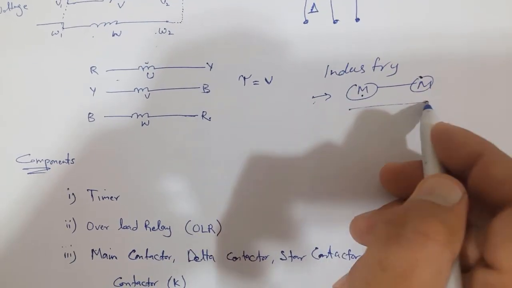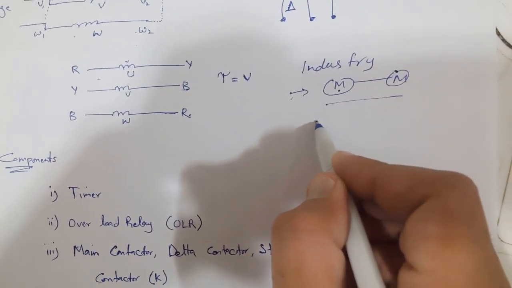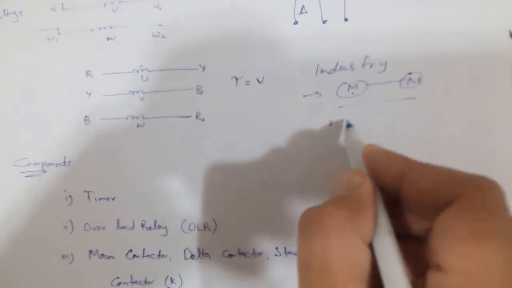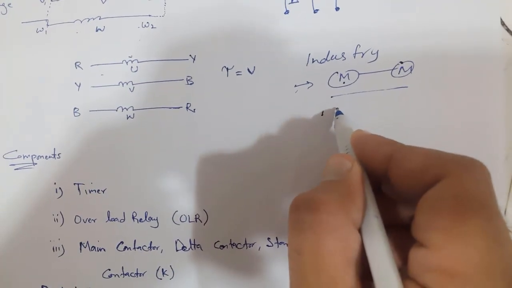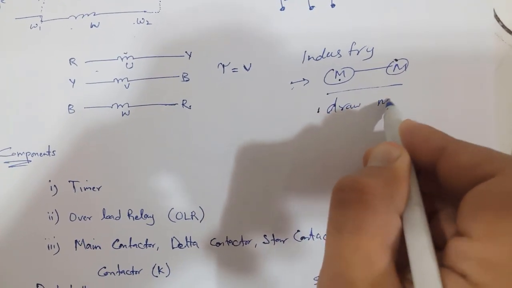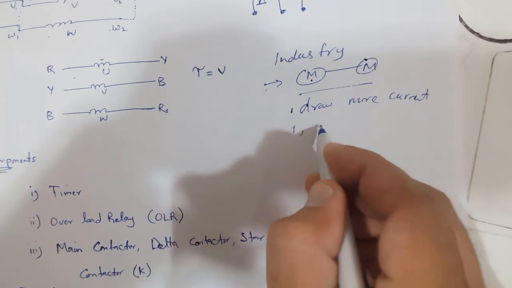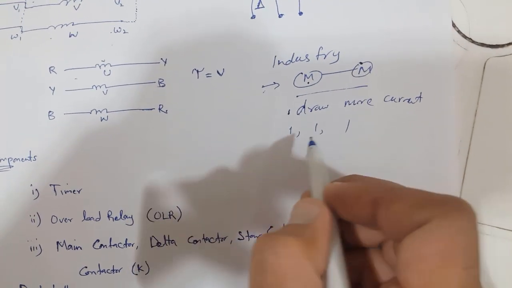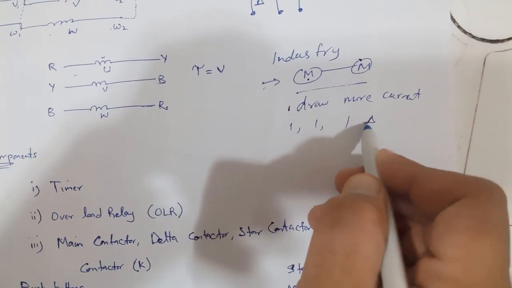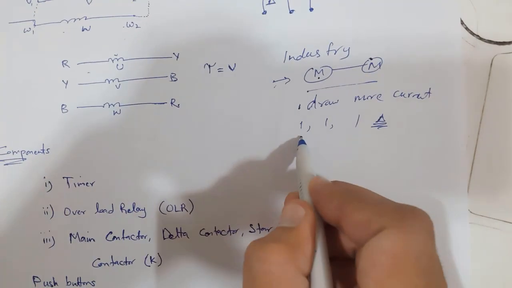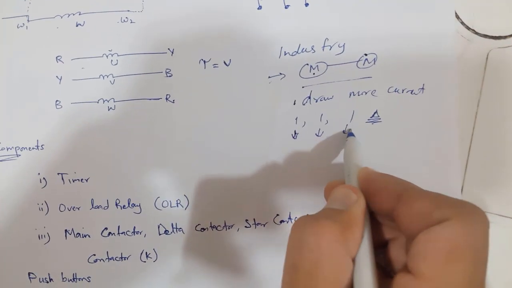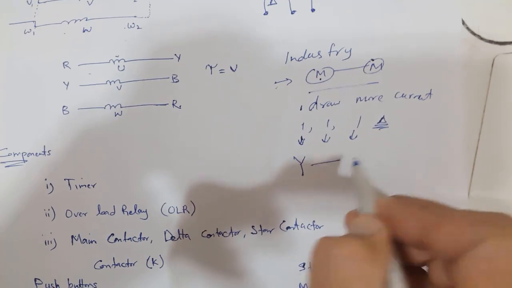If we start all these motors at one time, it will damage the line, because it will draw more current. And if we start them one by one but start in delta, it will also draw more current. Therefore we will start motors one by one, start in star, and then convert to delta.